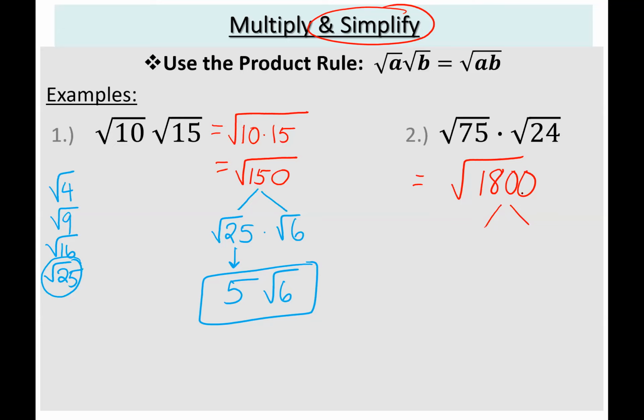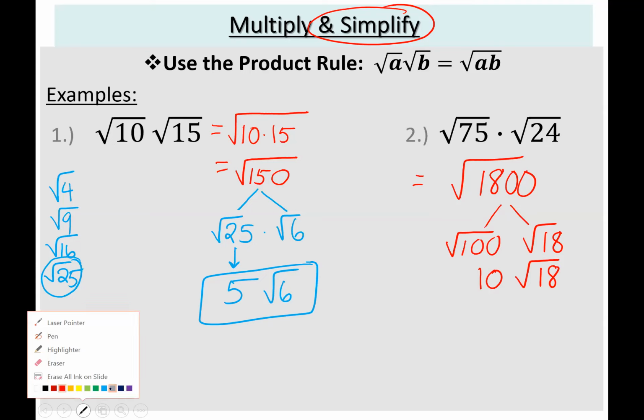So if I'm trying to factor 1800 using perfect squares, the first one I think of is 100. So I'm going to break it down like this. The square root of 100 times the square root of 18. The square root of 100 is 10. So I have 10 times the square root of 18. Okay, that's not fully simplified because the square root of 18 can be broken down more.